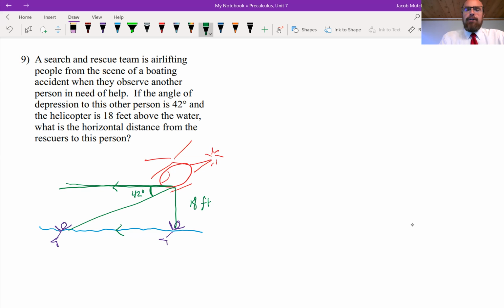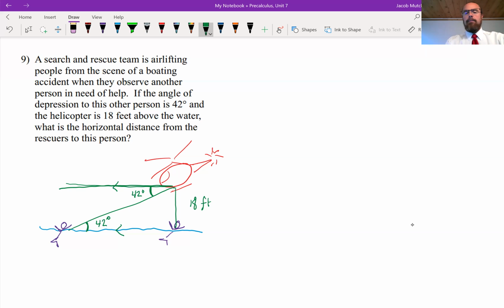Using the idea from geometry about alternate interior angles, if I think about these parallel lines being cut by a transversal, what I want to do with an angle of depression is transfer it to its alternate interior pair. So if this is 42 degrees between the parallel line and the line of sight, this angle between the water and the line of sight is also 42 degrees.